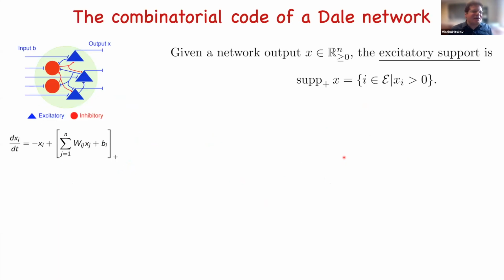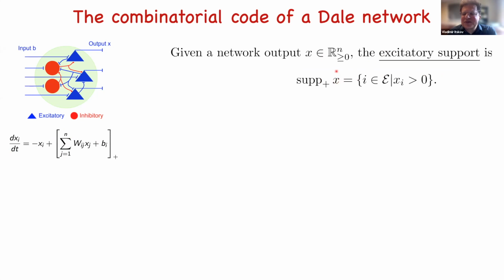And here, how do we obtain a combinatorial code from this? Let me explain. First of all, let's say we have a vector of firing rates in this network. What we can do is record the excitatory support. What is excitatory support?